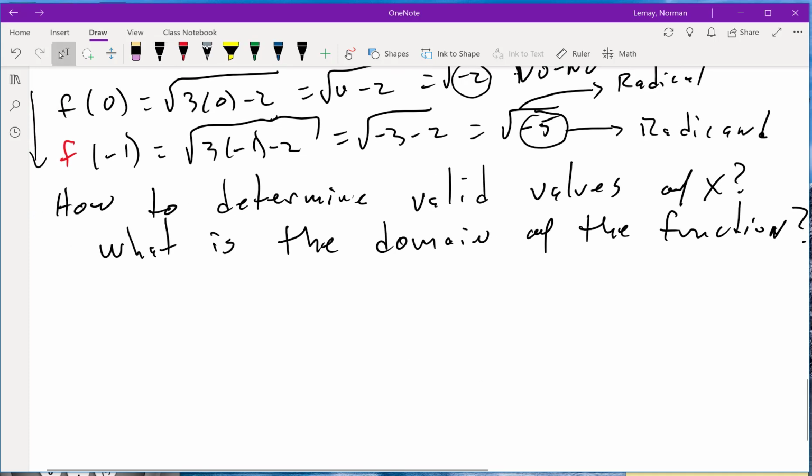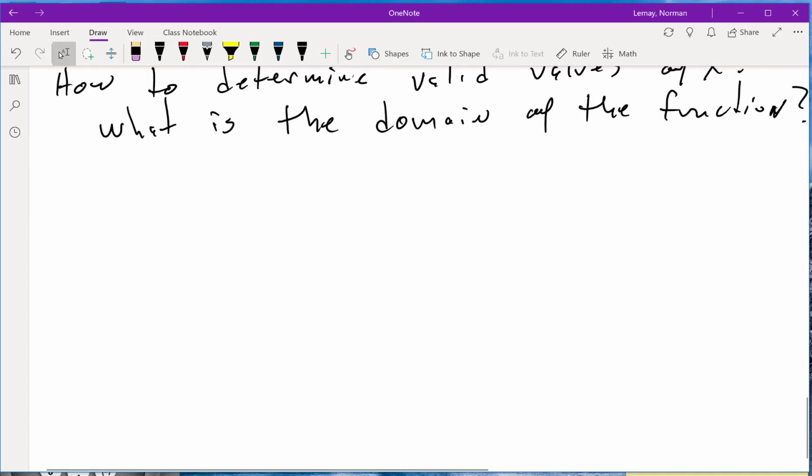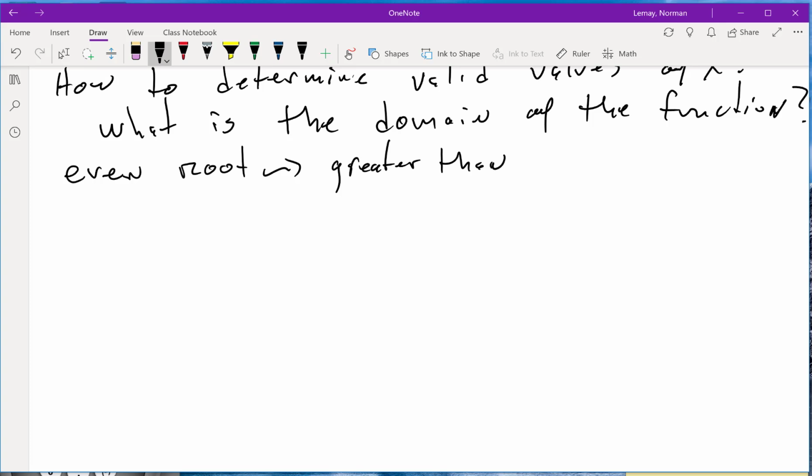Okay. So remember, when we have even roots, the radicand must be greater than or equal to 0.